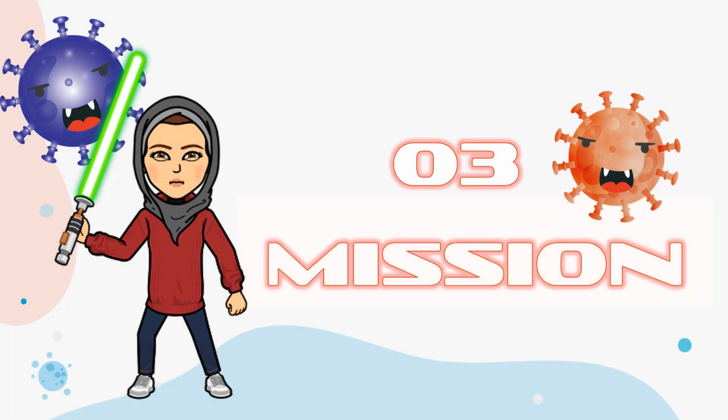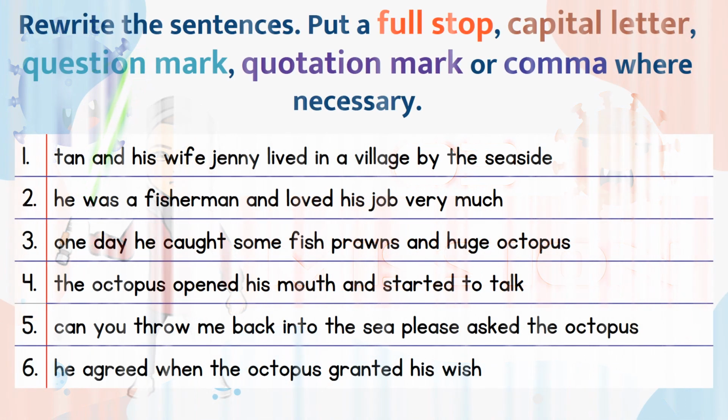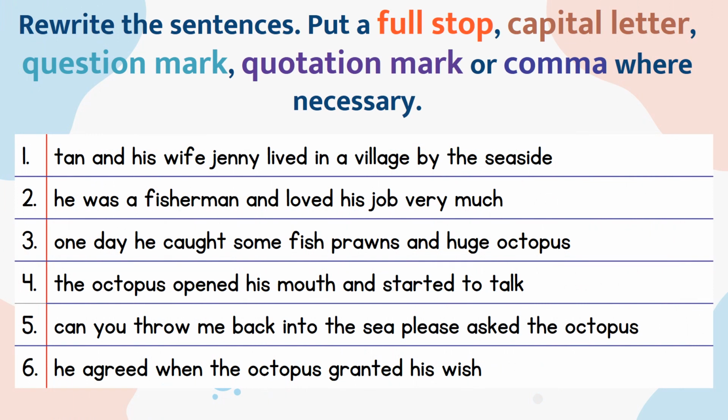So now that we know all of this, the quotation mark, the comma, all that punctuation, now it's time for your mission, which is your homework. All right, class. Now we're going to rewrite these sentences.